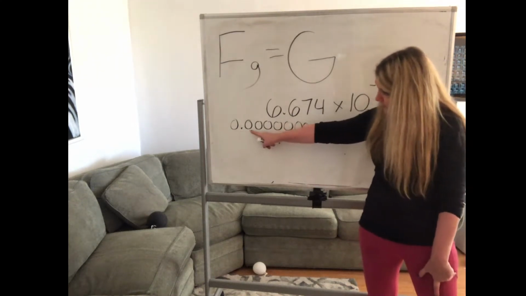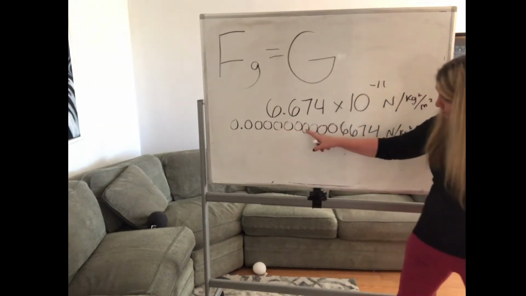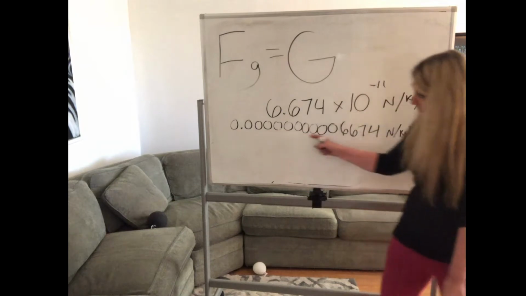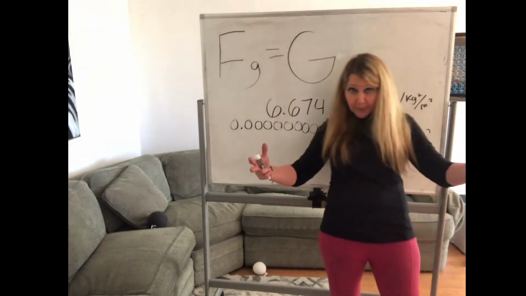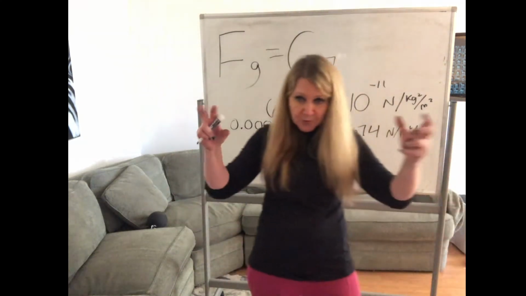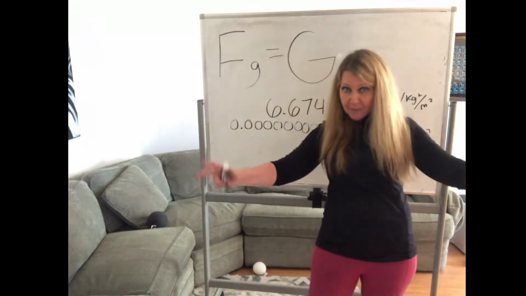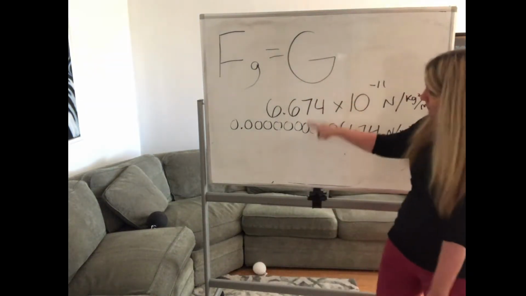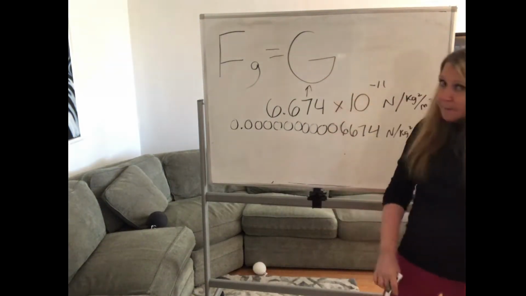So 0.000000000006674 newtons per kilogram squared per meter squared. So this is a very small number, but it is a gravitational constant we use to determine the force of gravity between two objects. So that is big G.